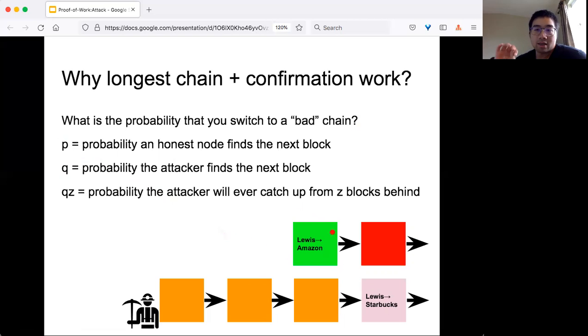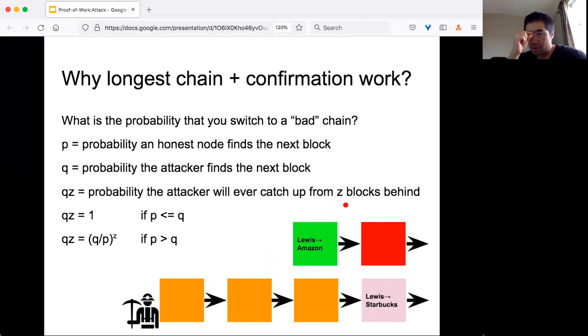The final probability that we care about is the probability that the attacker will ever catch up from Z blocks behind. In this case, Z is 2 because the chain we want to stay on is 2 blocks longer than the previous block. This Z is the confirmation count that I mentioned.